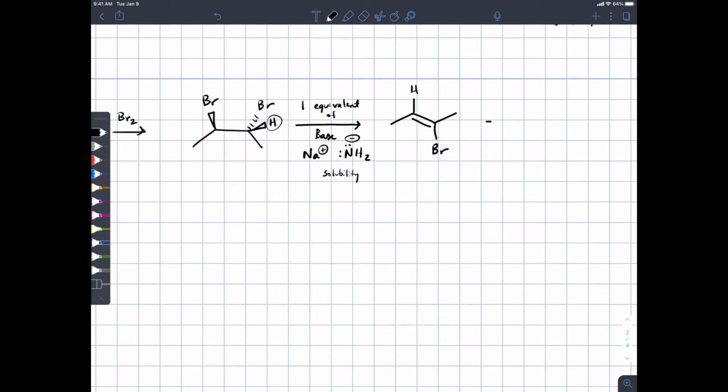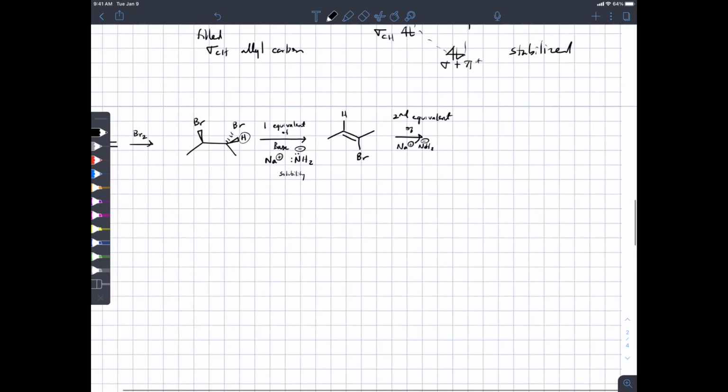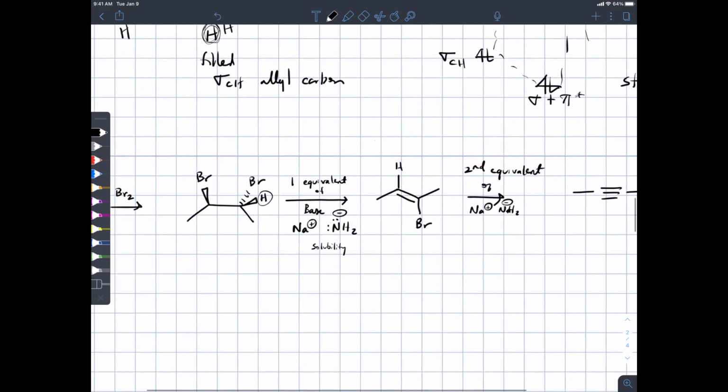And it turns out that if we add a second equivalent, what I mean by equivalent is 1 mole of reagent for every mole of starting material, so another mole of sodium amide, we can actually do a second elimination reaction and get an alkyne product, which is kind of crazy. And the way this works is exactly the same as an E2 reaction. A base removes the proton and a leaving group leaves.